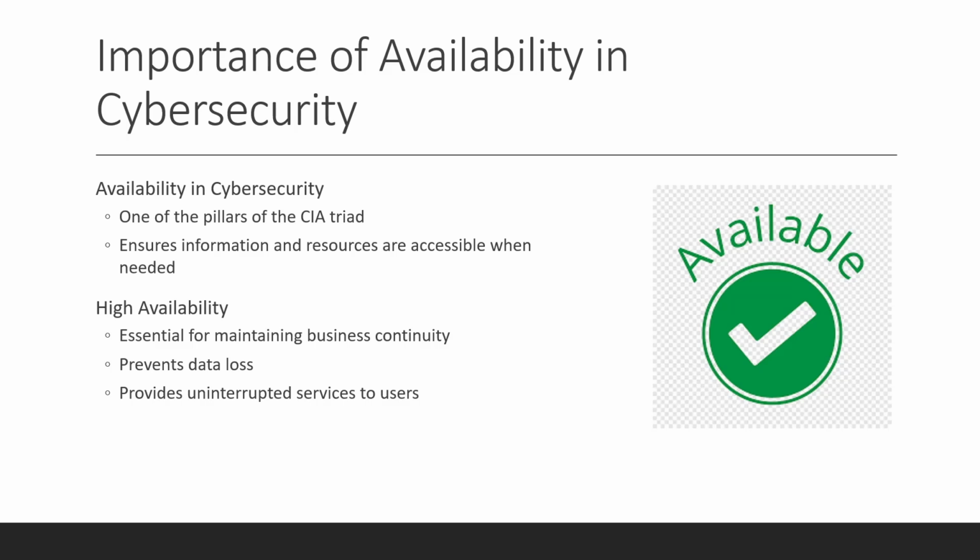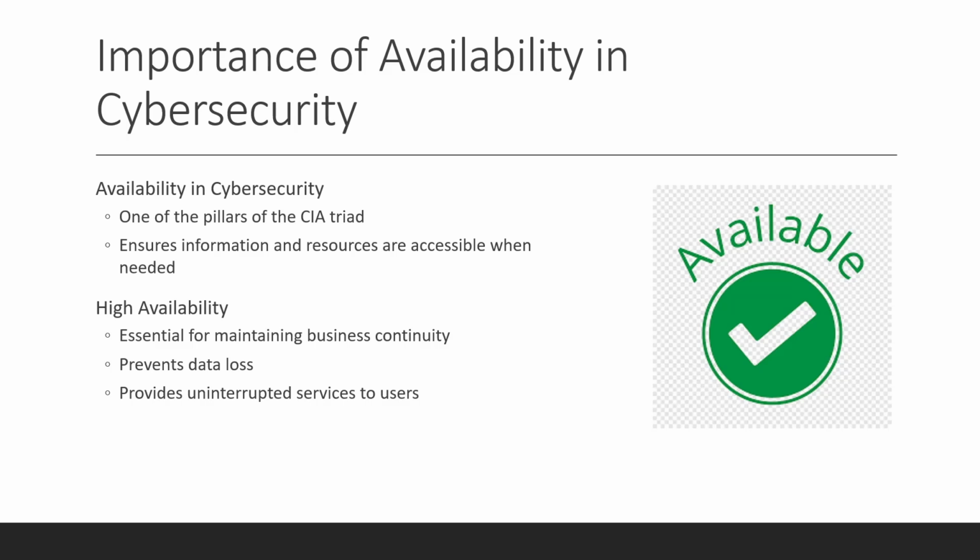It is the A in CIA, and it ensures that information and resources are accessible when needed. Now, it is important for maintaining business continuity, for preventing data loss, and providing uninterrupted services to users. And it ensures that systems remain operational and resilient even in the face of disruption, thereby safeguarding the integrity and reliability of critical services.